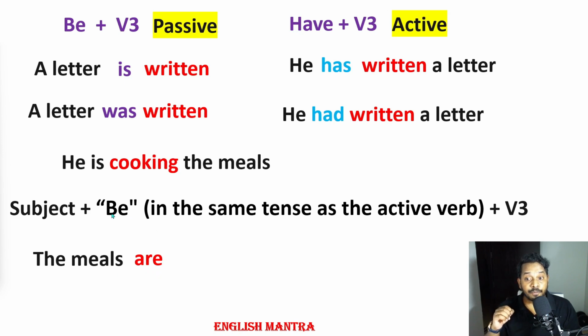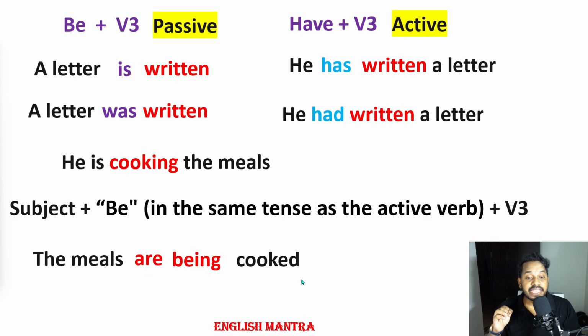Okay, then the be form in the same tense as the active verb. What is the active verb? Cooking. Now use the be form in the same tense. This is in the continuous tense, so use the participle be form. Then the sentence would be "the meals are being". Now use this verb in its past participle form: cooked.